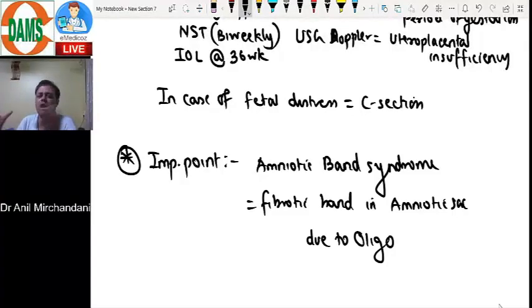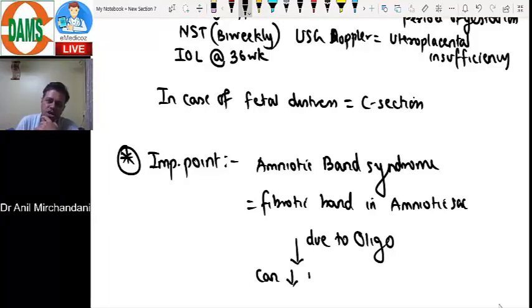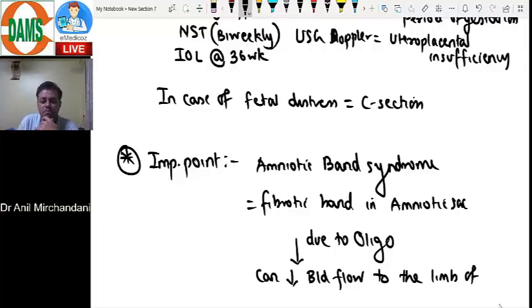Why does it occur? Because oligo leads to reduced space in the amniotic sac, and then the amniotic sac walls may meet each other and fibrosis may occur. That band can decrease blood flow to the limb of the baby.